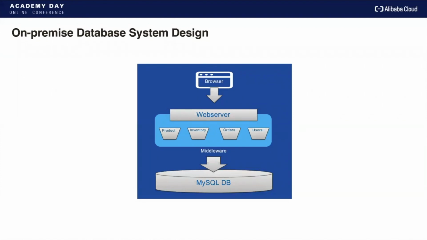Now, when our database architect team gets involved in helping this customer migrate to the cloud, they identified a number of problems and made recommendations. The first problem was scalability. If you have 4 processes in the web server, the number of users and the number of orders is usually not the same magnitude.